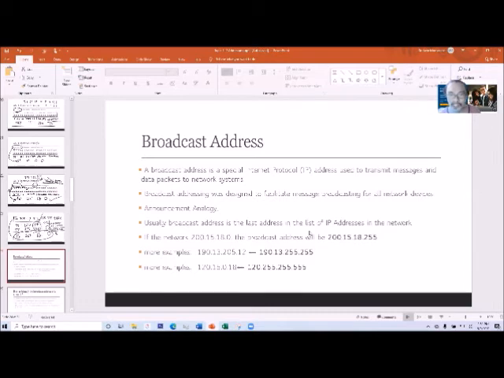So a broadcast address is a special internet protocol address used to transmit messages or data packets into the network. The broadcast address was designed to facilitate message broadcasting for all the devices. If you use the announcement analogy, it's just like broadcasting.